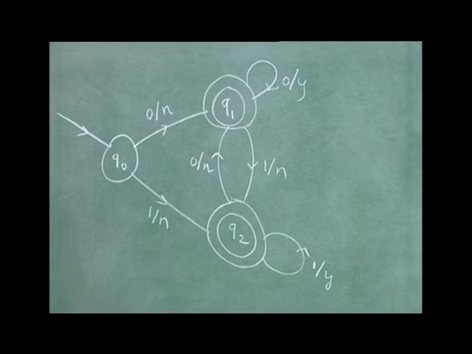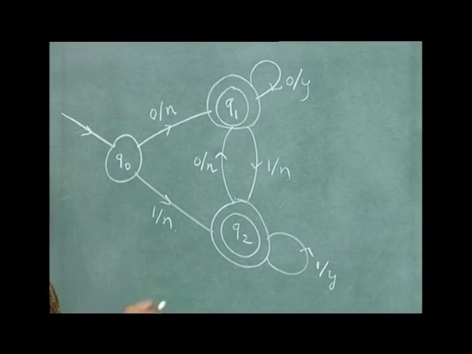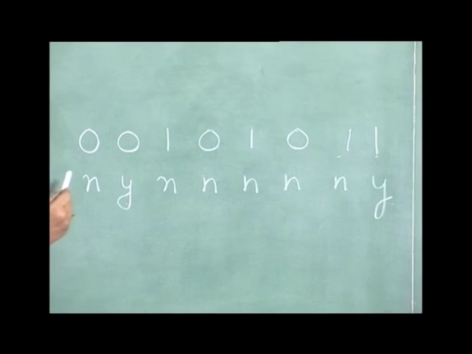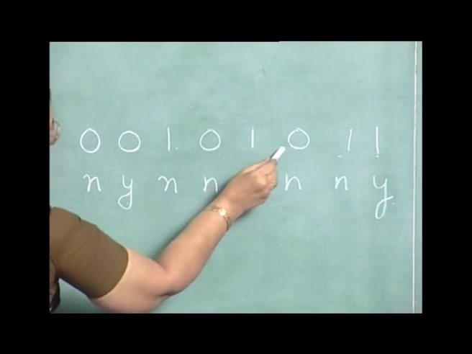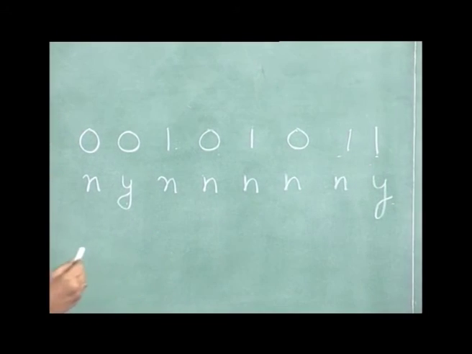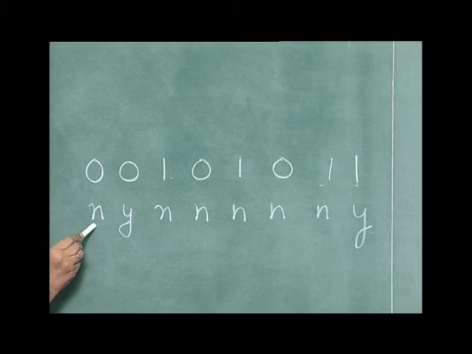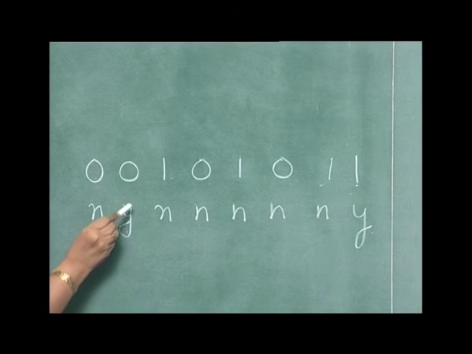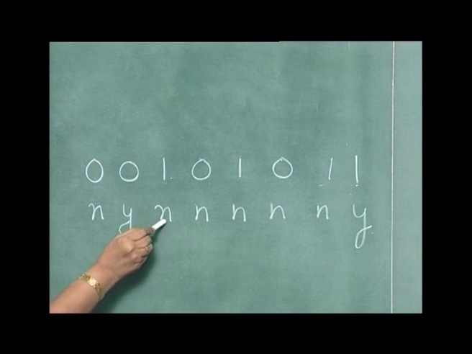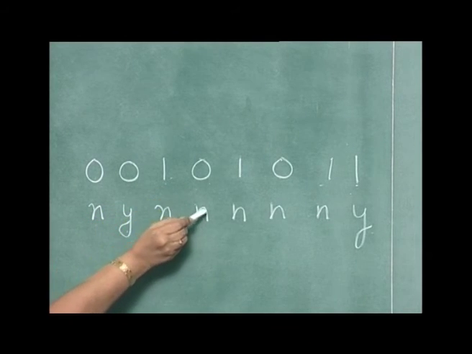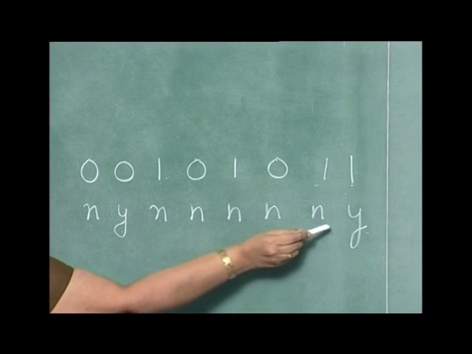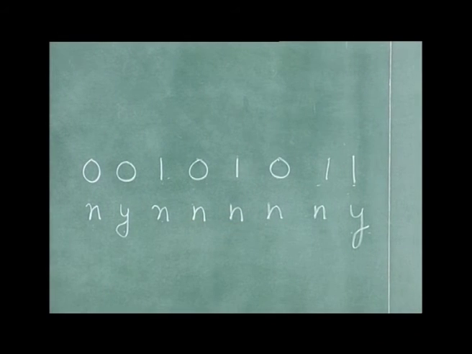1. Look at this automaton and consider the string say 0 0 1 0 1 0 1 1, and the output will be 0 no, 0 0 yes, then again a 1 no no no no no yes. The output sequence will be like this. Whenever you have 2 zeros, it will output a yes.